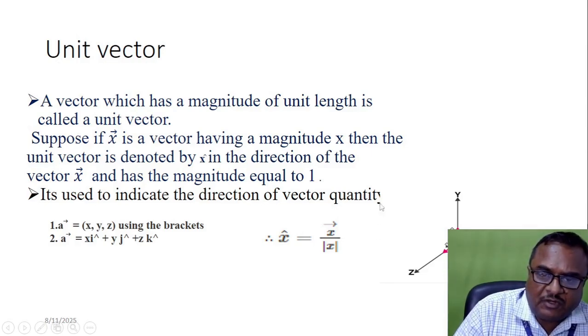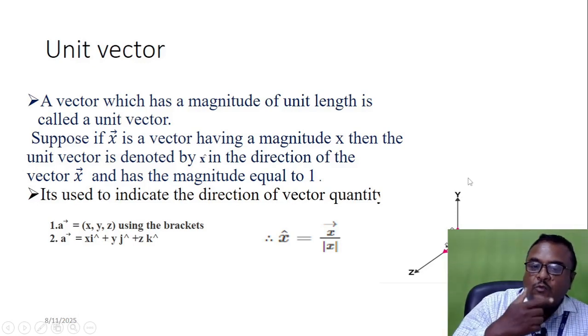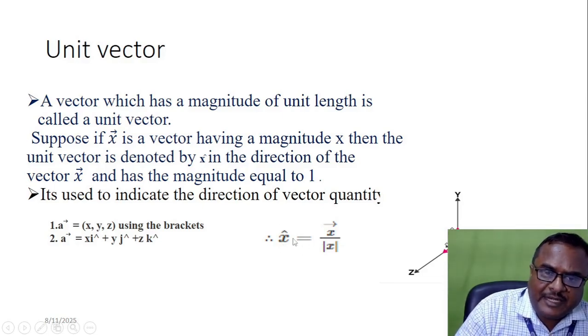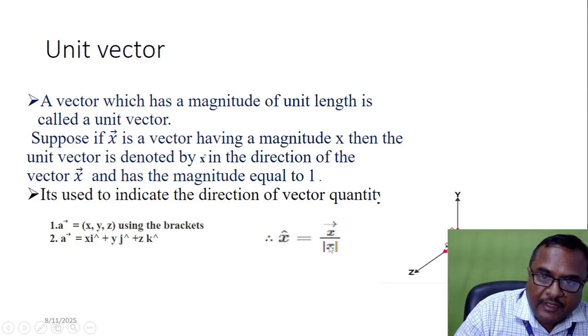In general, a vector can be represented by x vector equal to magnitude of x into x cap. The magnitude of x denotes the scalar quantity, and x cap is the direction.